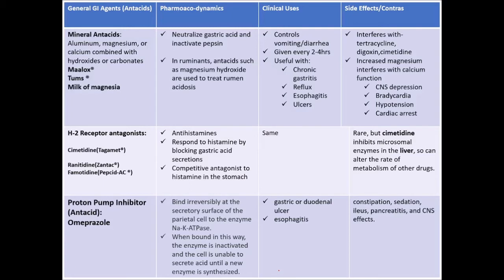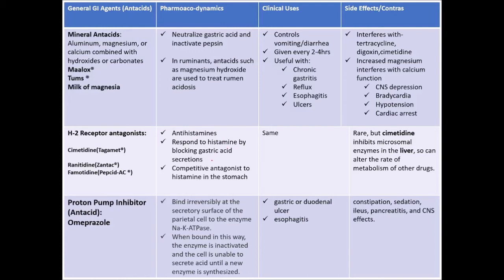They block gastric acid secretion, and they're a competitive antagonist to histamine in the stomach. We don't see a lot of side effects, but cimetidine can cause problems in the liver, so it alters the metabolism of drugs. Cimetidine is a medication that you will see interacts with other drugs quite frequently.